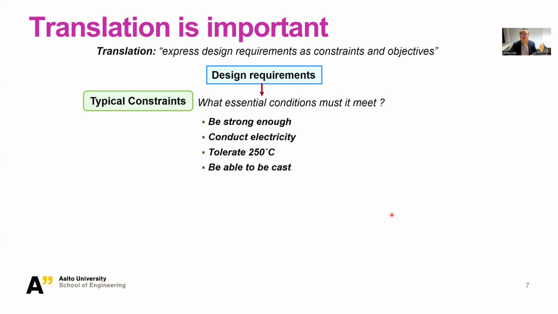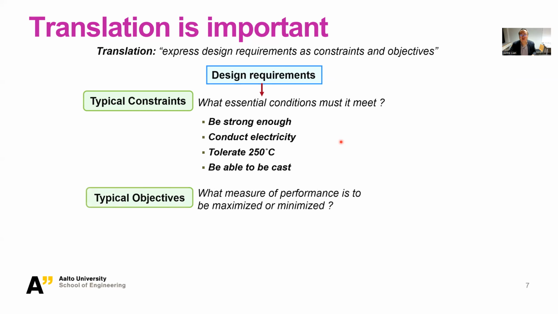For example, here we're asking the question: what essential conditions must your material or your product meet? Here I'm giving you a few examples just to be inspired. From the book, you will find many more. After these constraints are defined, you ask what the objectives are. The objectives are related to some measures of performance.